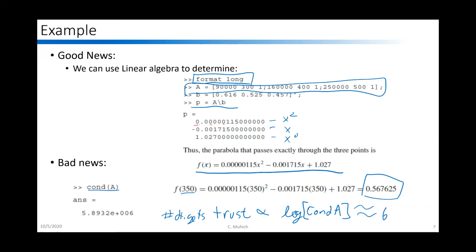Miscounted one. 1, 2, 3, 4, 5, 6. This means I trust these first 6 digits are zeros. I'm not sure that that first digit is a 1.